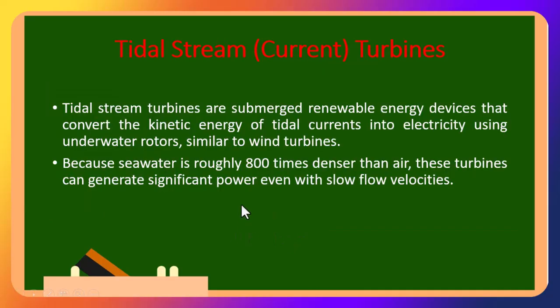Then the second one is tidal stream turbines. Tidal stream turbines are submerged renewable energy devices that convert the kinetic energy of tidal currents into electricity using underwater rotors, similar to wind turbines. Because seawater is roughly 800 times denser than air, these turbines can generate significant power even at slow flow velocity.